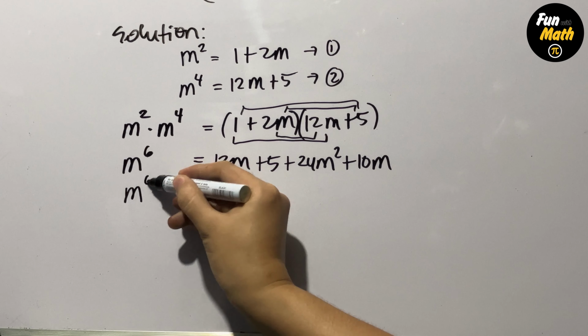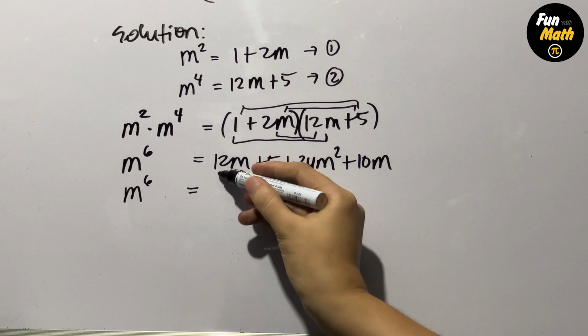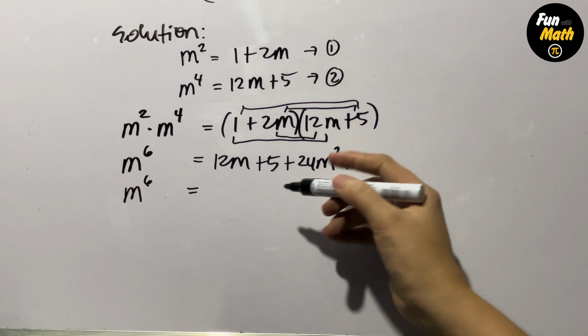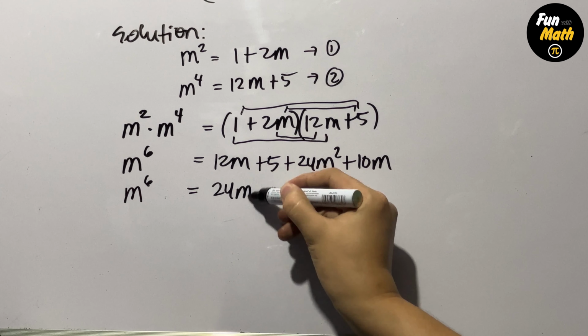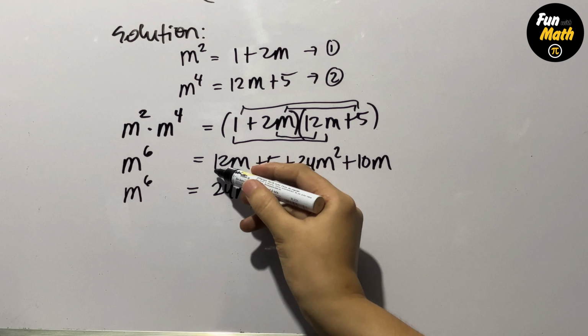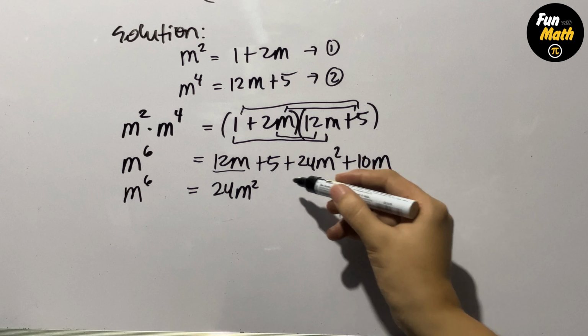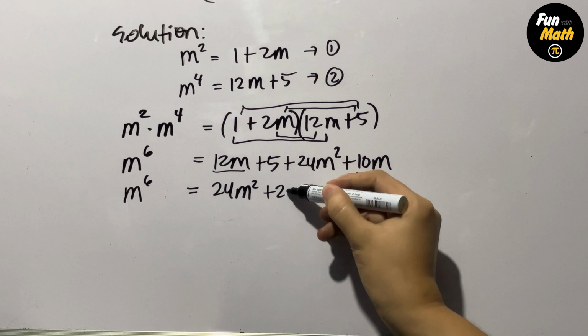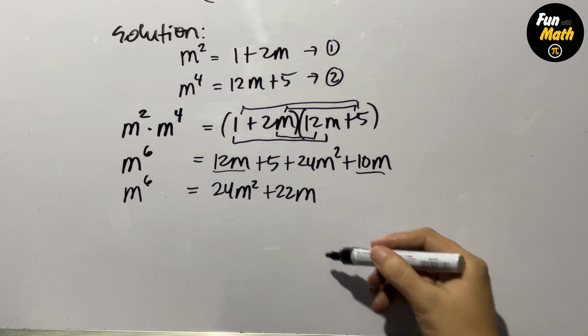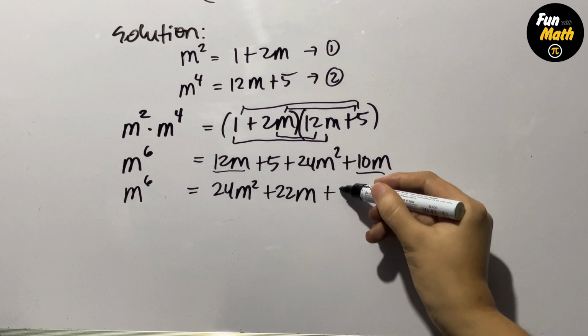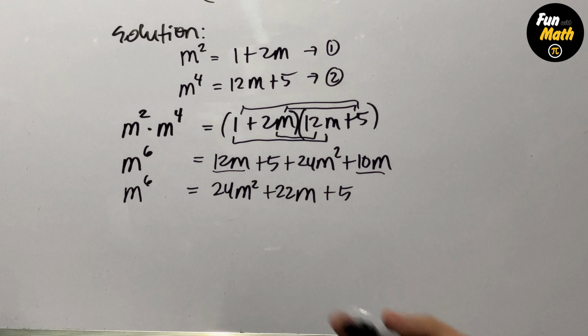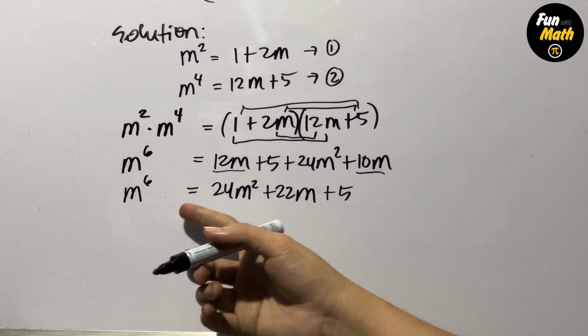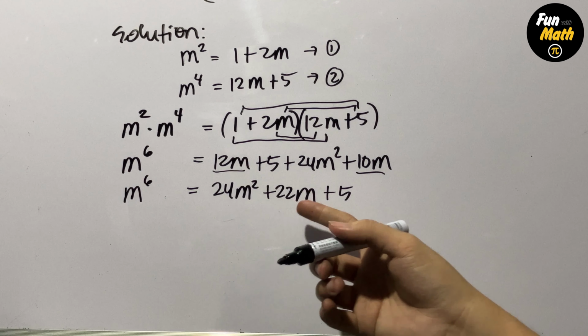So m to the power of 6 equals, let's start with m squared. Let's bring down 24m squared. Now, 12m plus 10m, that is plus 22m. Next, plus 5. So we have m to the power of 6 is equal to 24m squared plus 22m plus 5.